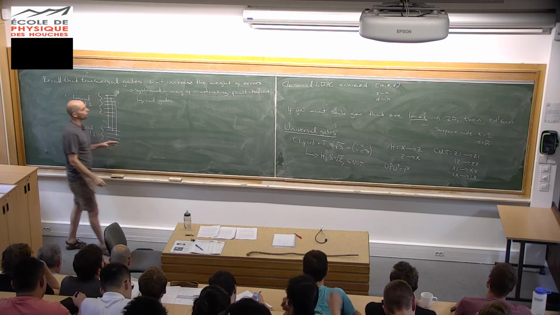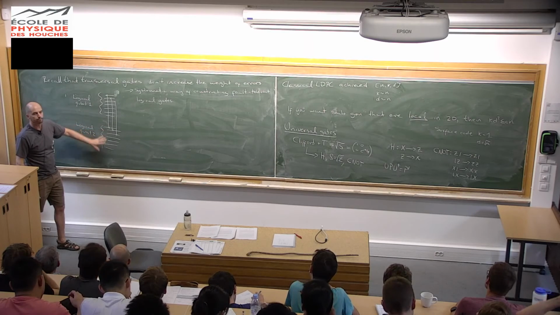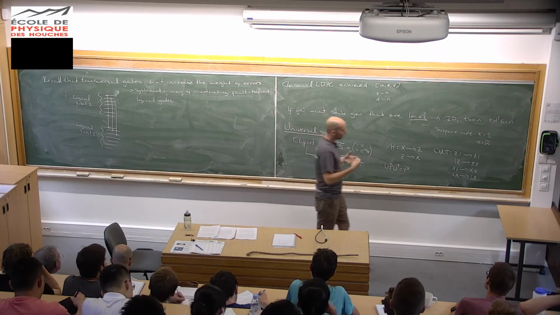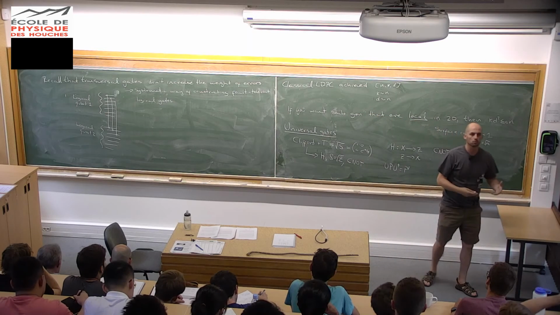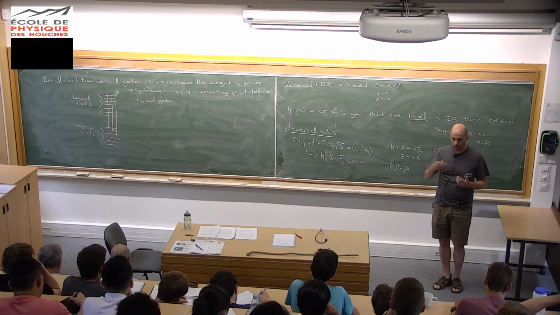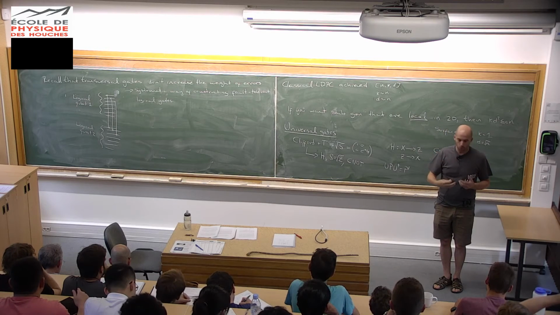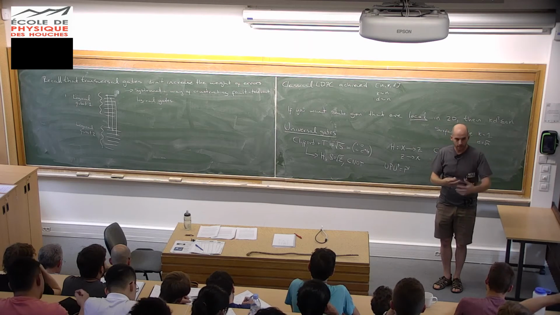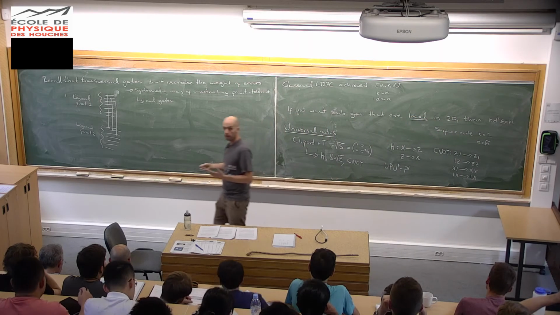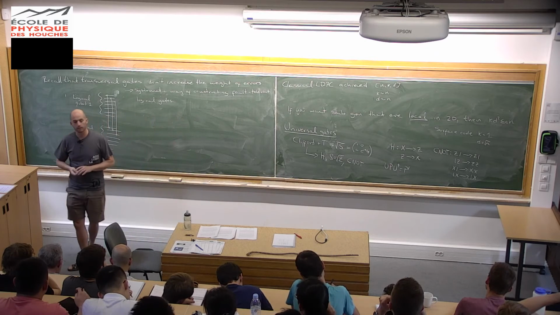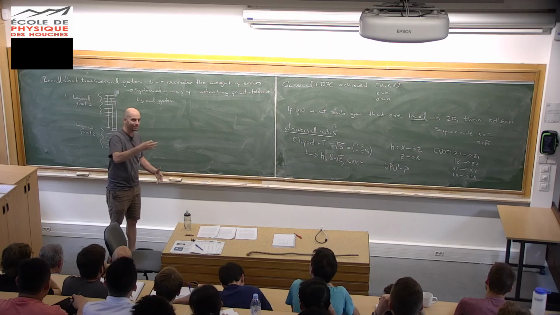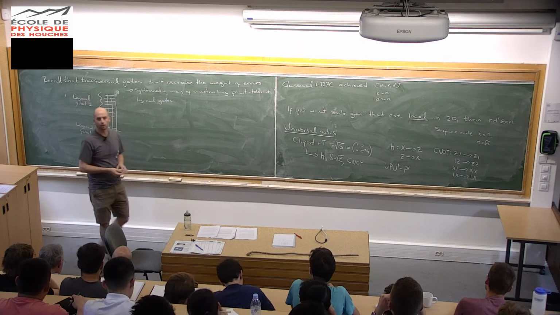Because if all your logical gates acted this way, you would never increase the weight of the error, and therefore a correctable error would always remain correctable. In your computation, you have logical gate, error correction, logical gate, error correction, logical gate, error correction, then you'll catch every error, and you'll be able to correct them. But if they're not transversal, maybe you do error correction, your logical gate spreads errors, and then you can't correct it. Okay?